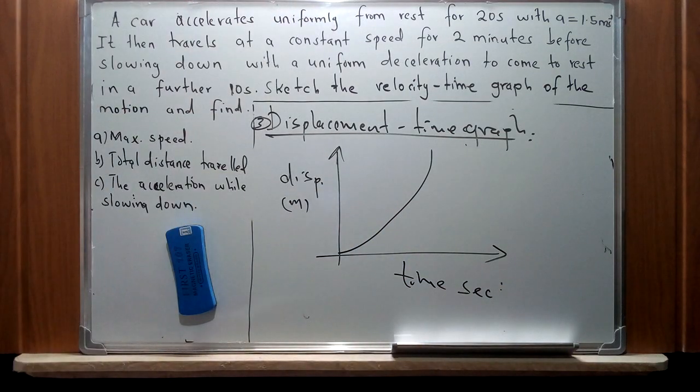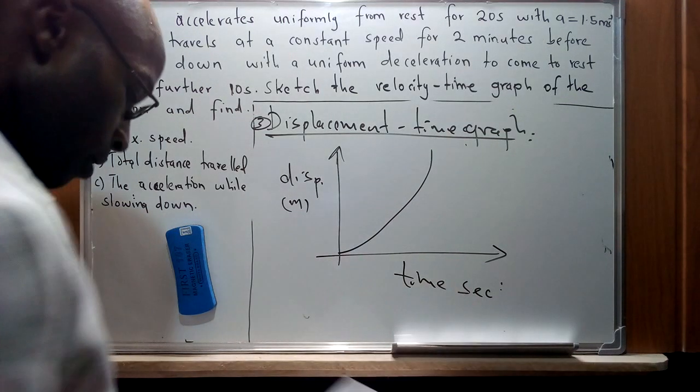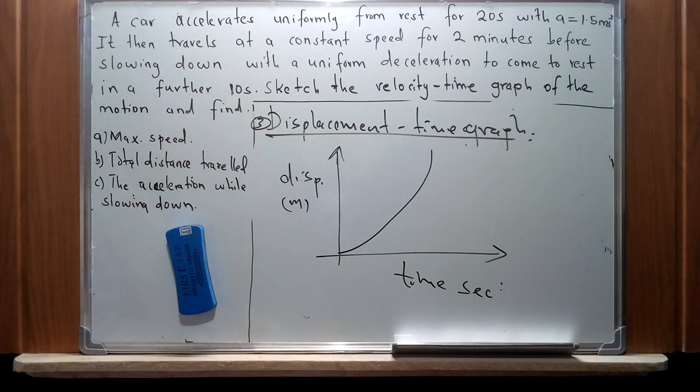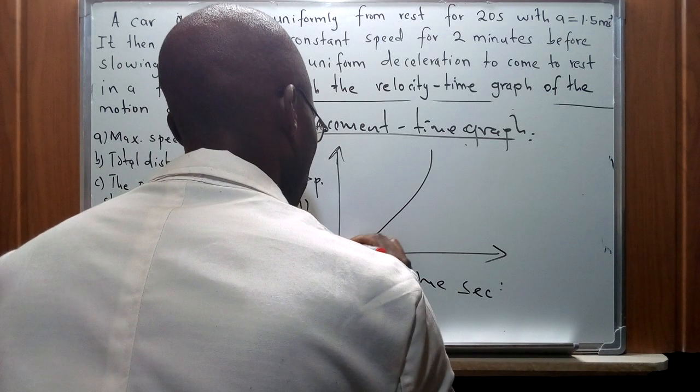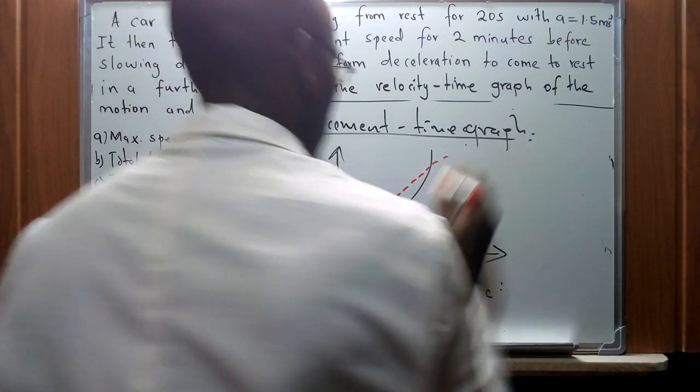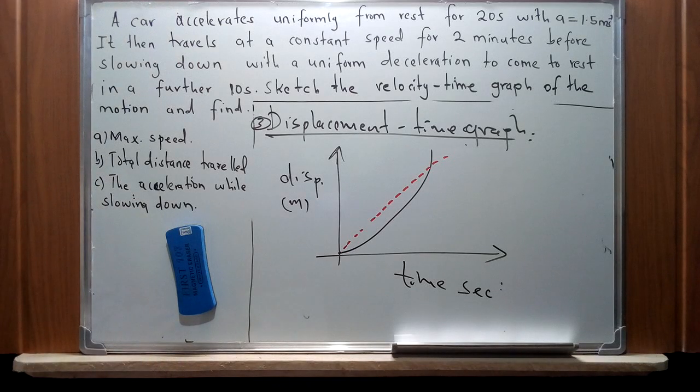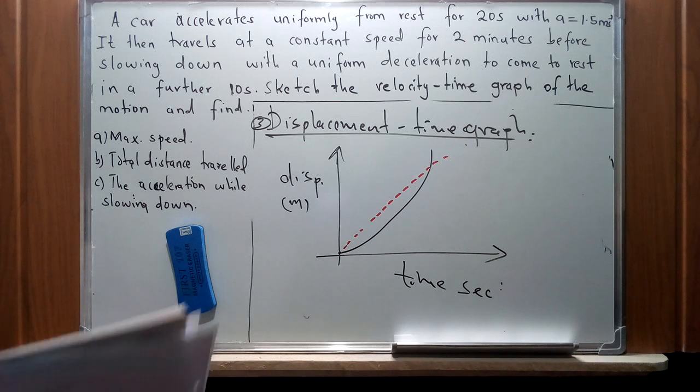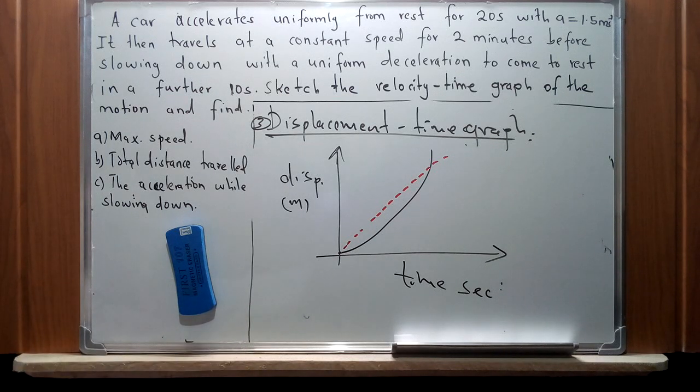Now for the one that had a straight line like this, we said for the red one, that is, of course, velocity. And in this case, for the exponential one, somebody can be required to find velocity at a particular point.